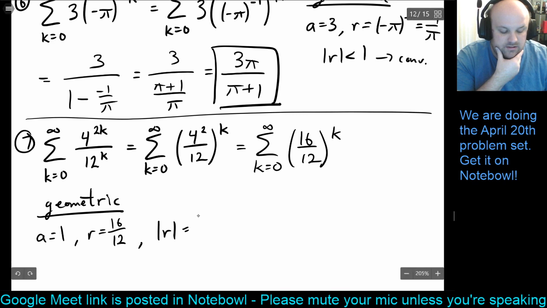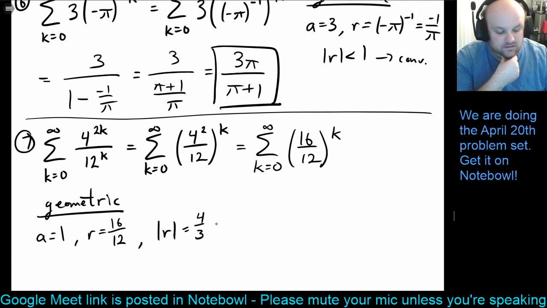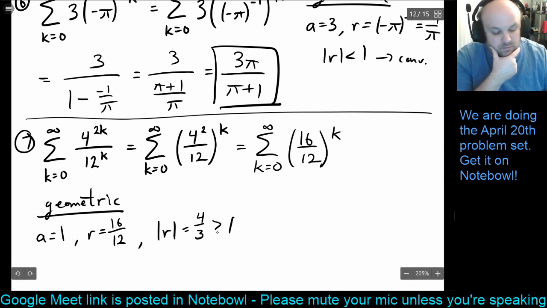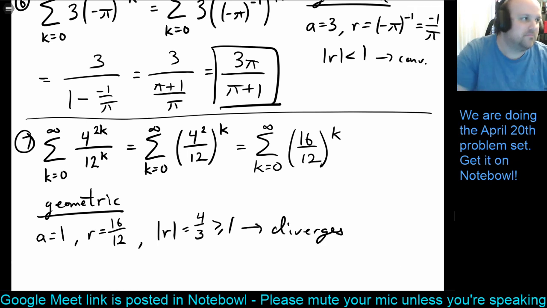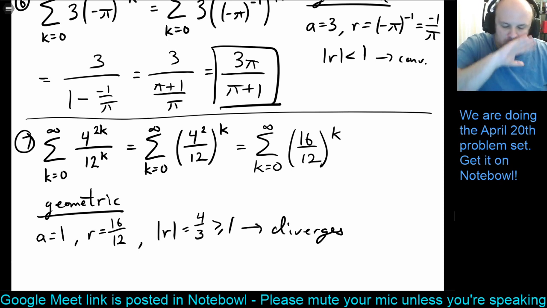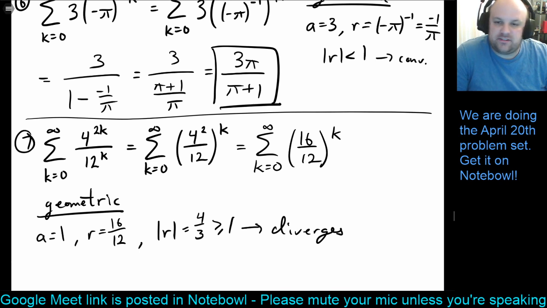Well, that's 16 over 12, or 4/3 if you want to simplify it, which is bigger than 1. Well, really, we can say bigger than or equal to 1. So that means this diverges, because the ratio is too large. So this series doesn't converge to anything. Any questions there?